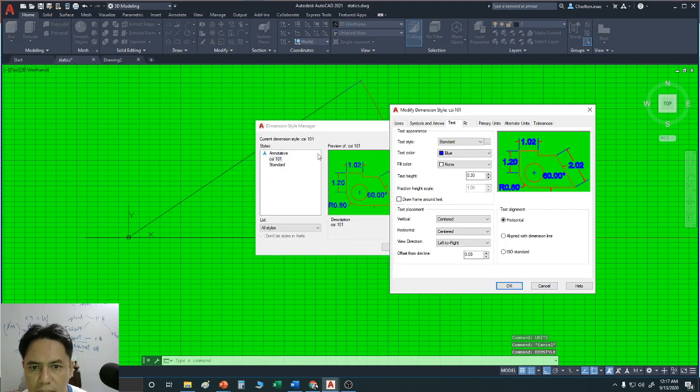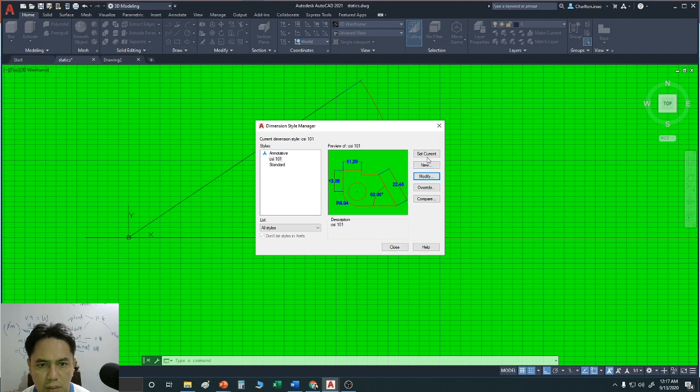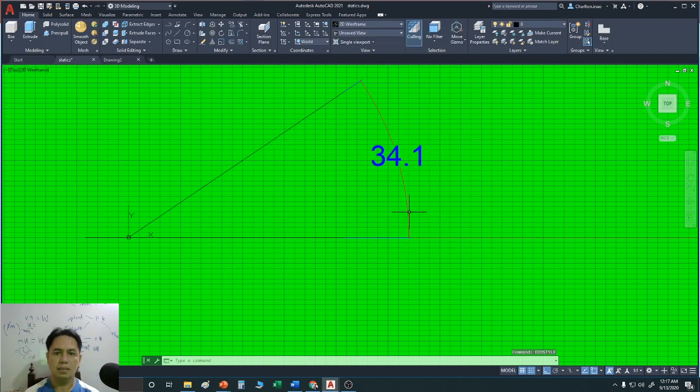We modify, then the height should be maybe one or two, then set current. So our angle is 34.1, and here we have a velocity.